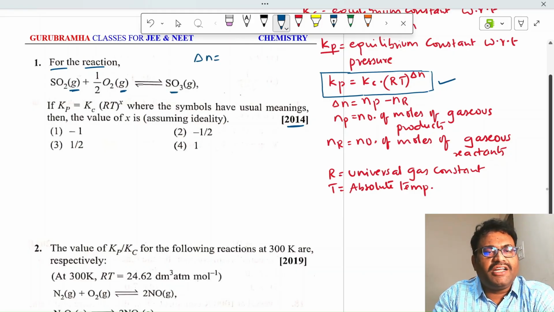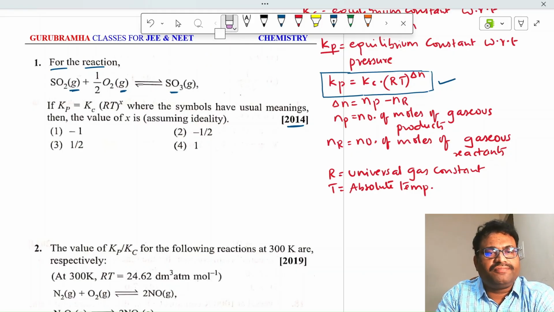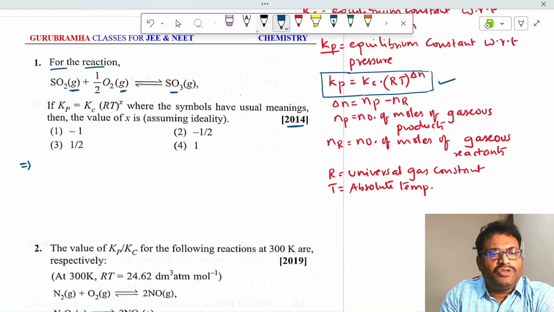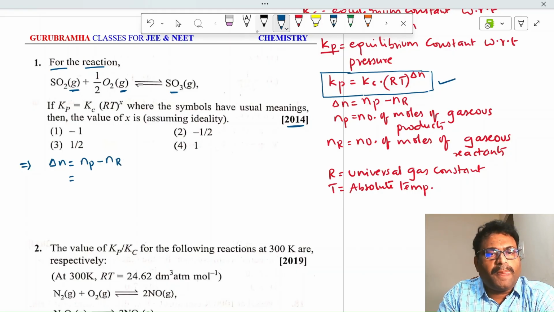We know that delta N is equal to Np minus Nr. The product is sulfur trioxide, there is only 1 mole. In the reactant side, there is 1 mole of sulfur dioxide and half mole of oxygen.